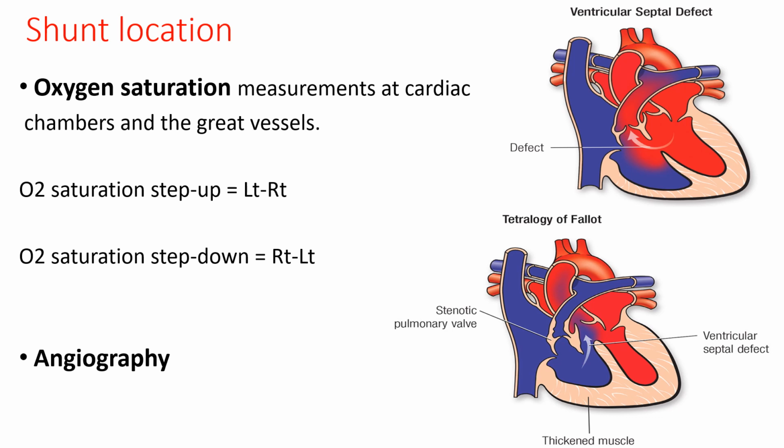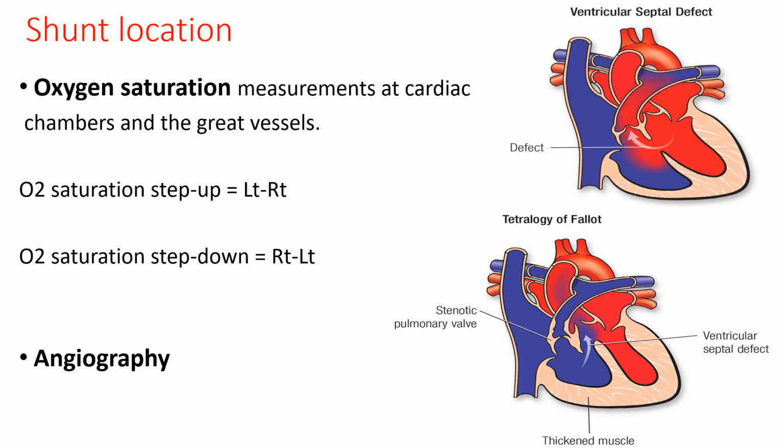If we already know that there is a shunt and we need to confirm its site and significance, multiple samples of blood are taken from the right atrium, from the right ventricle, from the main pulmonary artery, from the left atrium, from the aorta. And in that case, we may find that the oxygen saturation in the right atrium is higher than expected.